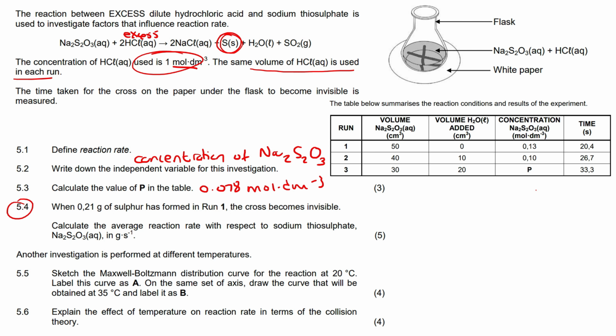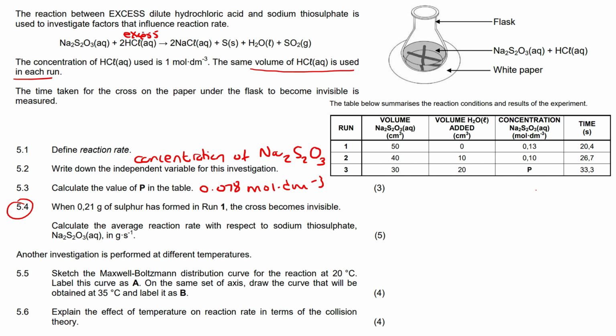So when 0.21 grams of sulfur has formed in run 1, okay, so sulfur is this one over here, when that is formed in run 1, the cross became invisible. Calculate the reaction rate of sodium thiosulfate in grams per second. Very easy question, because we know that this is the reaction over here.